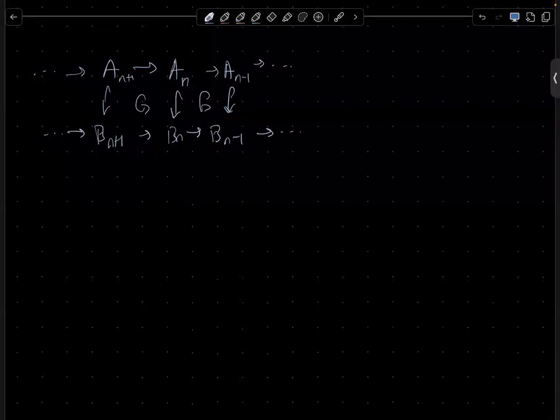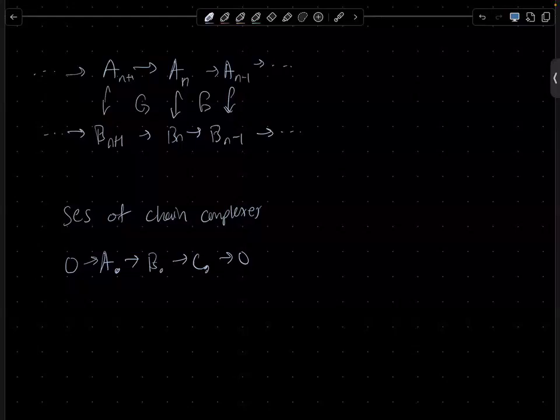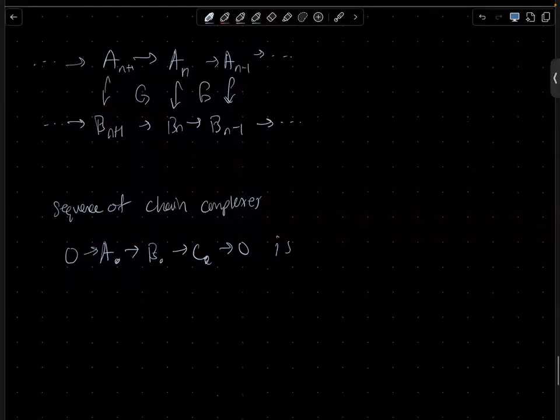You can actually show that if you have a short exact sequence of chain complexes, so if I have 0, A bullet, B bullet, C bullet to 0, or just a sequence like this, this thing is exact, that is a short exact sequence, if and only if in each degree it's a short exact sequence.